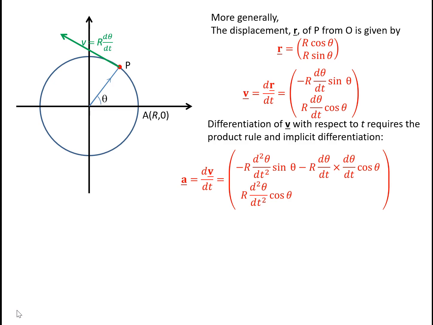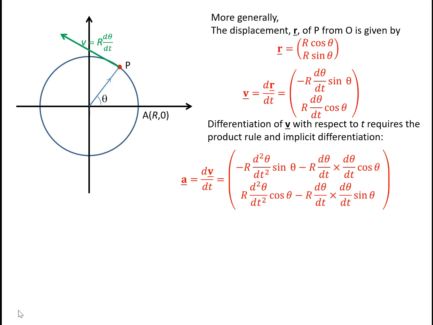So we're going to have plus r dθ/dt times the derivative of cos θ with respect to time, which has got to be done implicitly and gives me minus sin θ dθ/dt. So the second part of the product rule on this is going to give me r dθ/dt times minus sin θ dθ/dt. So we've got minus r (dθ/dt)² times sin θ.